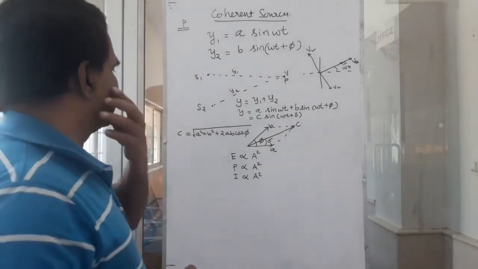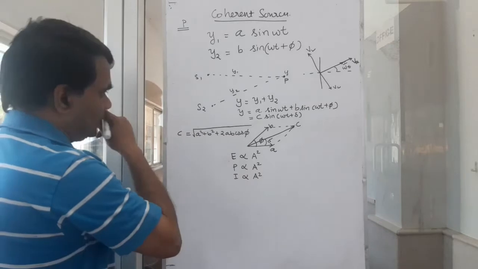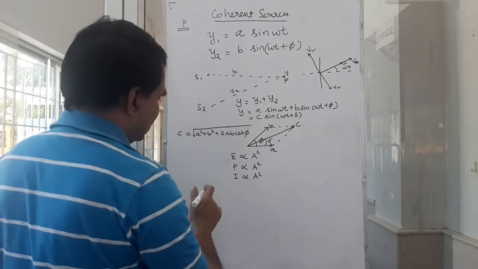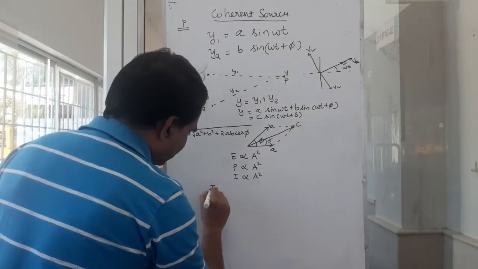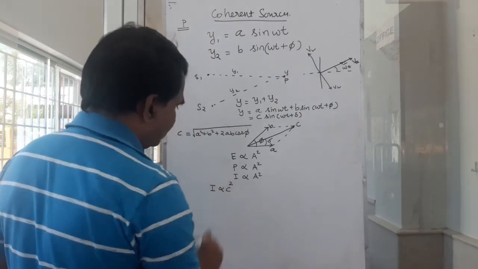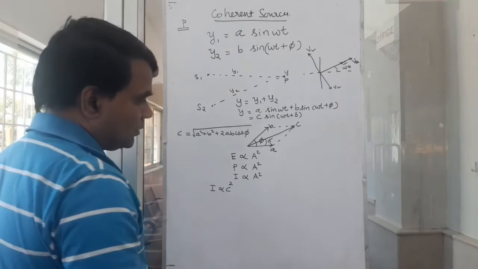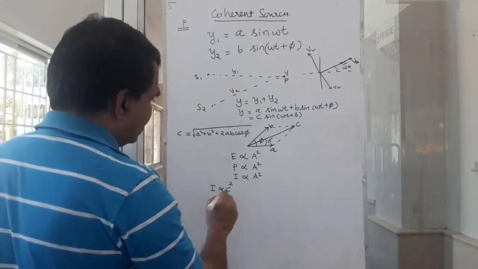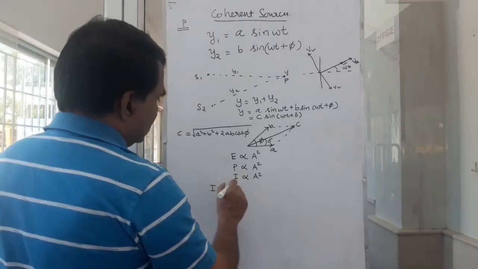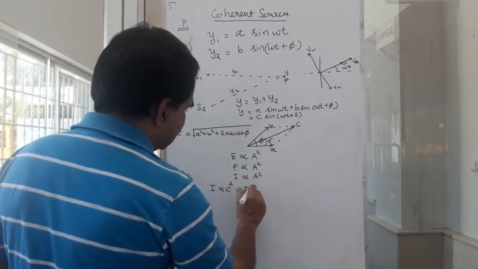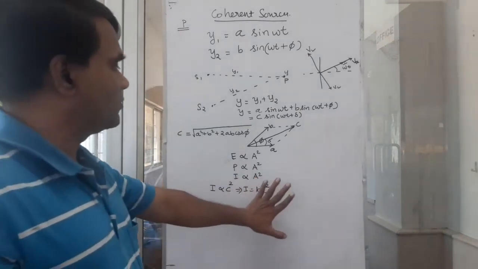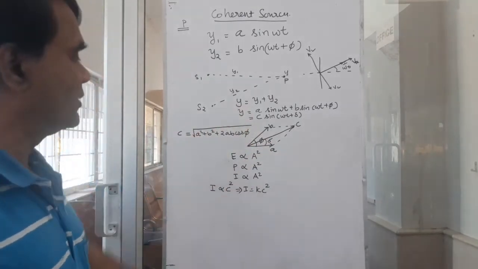Okay, so now let's look at this. So what is the amplitude of the resulting wave? It is C, right? So I must be proportional to C square. Okay, then I can have some kind of a constant there. It's clear. So this results in I is equal to some kind of K into C square. So I is proportional to this amplitude square intensity.